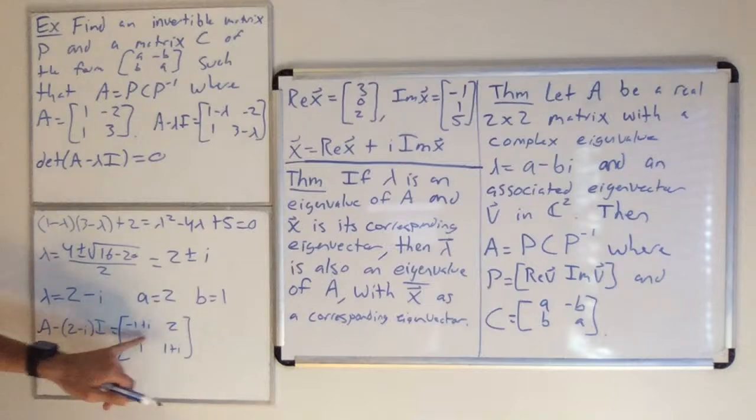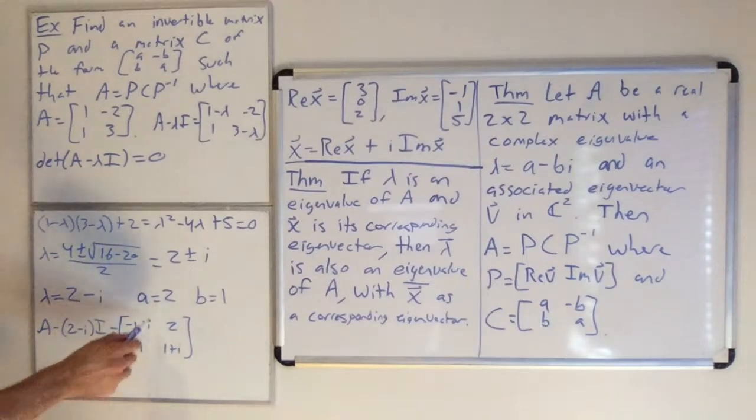How do we row reduce this matrix if we have a complex entry in the first location?